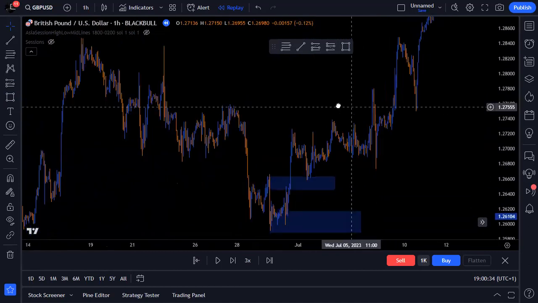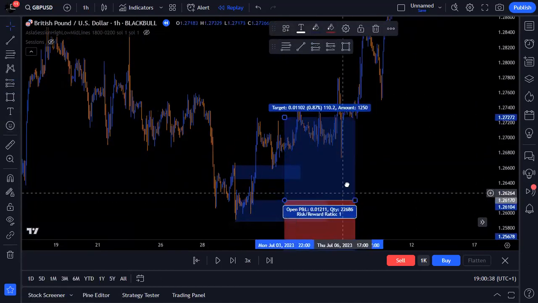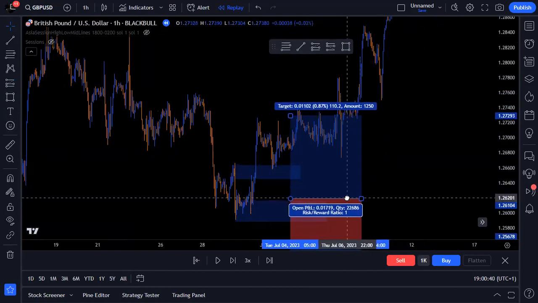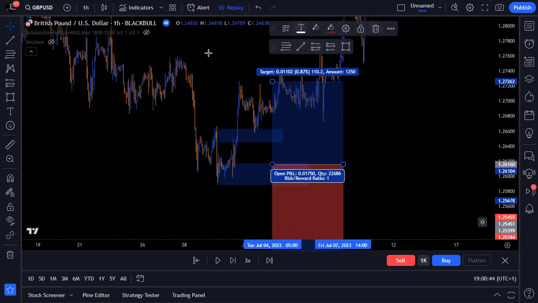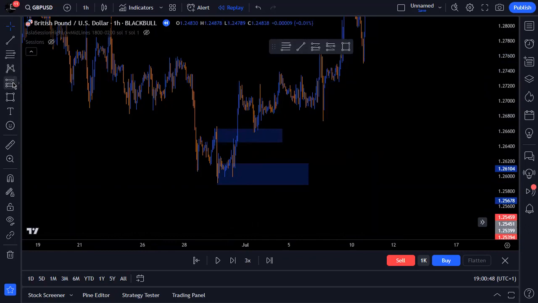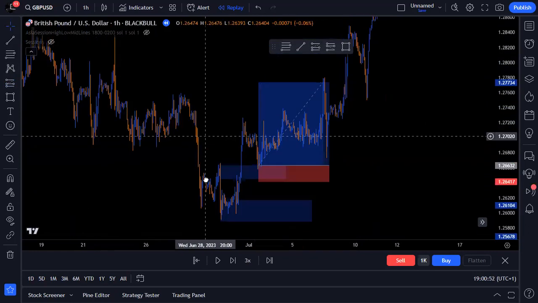You can see. So while other traders are looking to go long from here, waiting for price to respect their buy limits, instead you've gotten an entry from the breaker block.